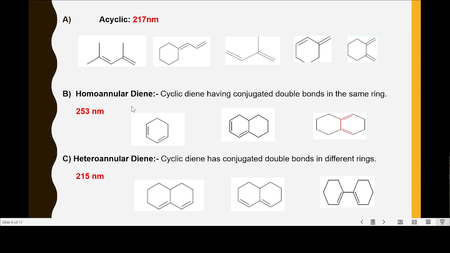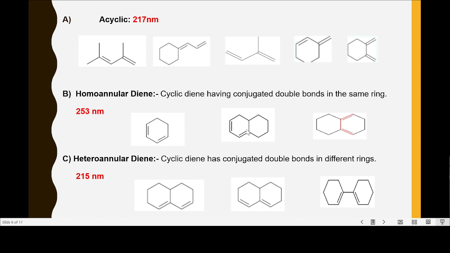Now coming to homoannular diene. Homoannular means a ring structure in which the two double bonds are present in the same ring. Then the base value will be 253 nanometer. In the first example, there is a single ring and the 1,3 butadiene structure is present in the same ring.